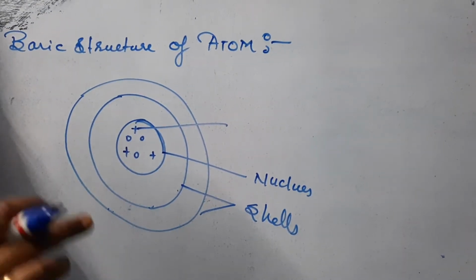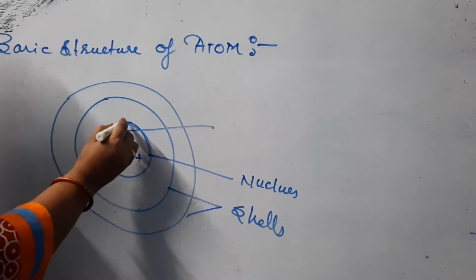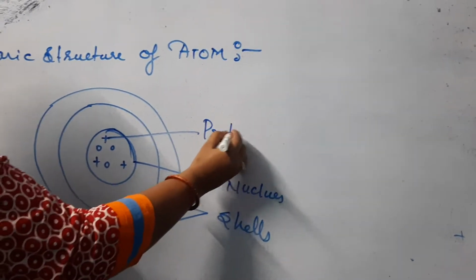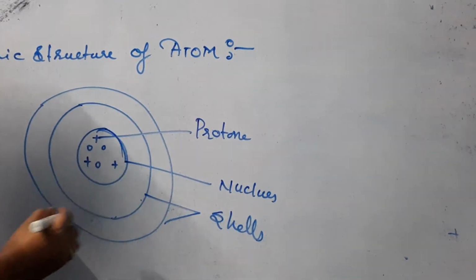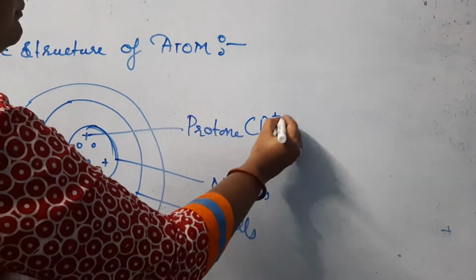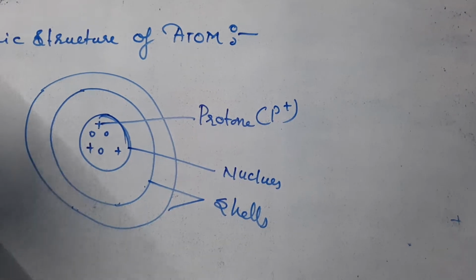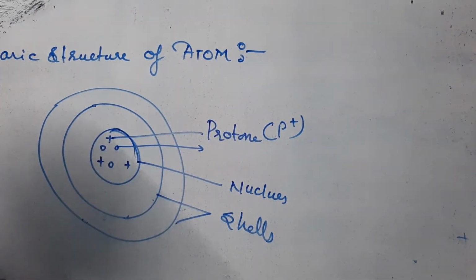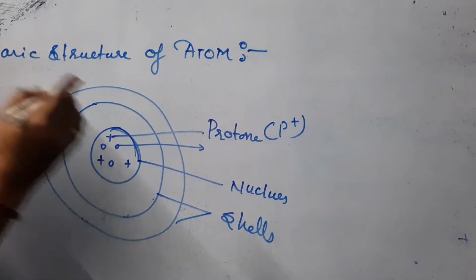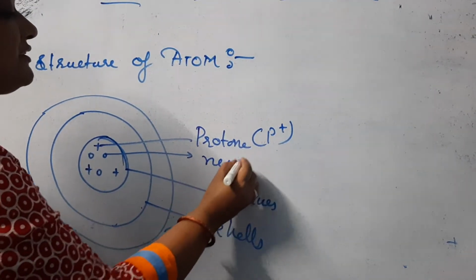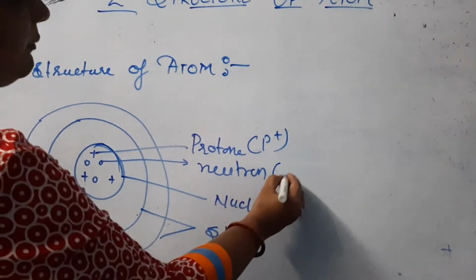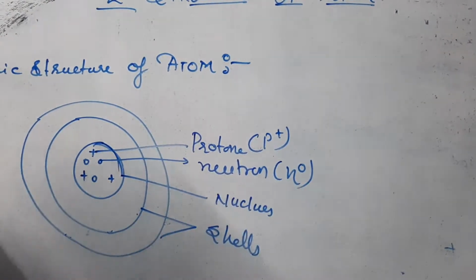The positively charged particle inside the nucleus is known as proton, and it is represented by P plus. And the other particle without any charge, a neutral particle, is known as neutron, represented by N0, isn't it?